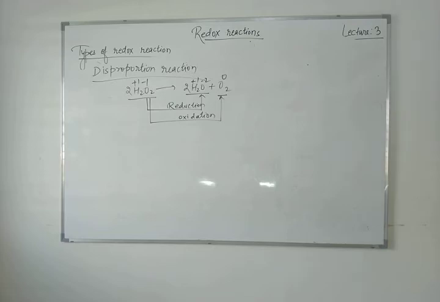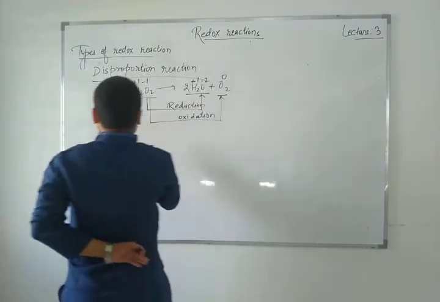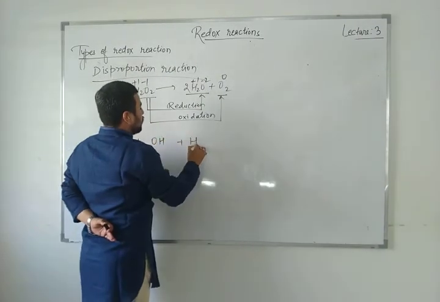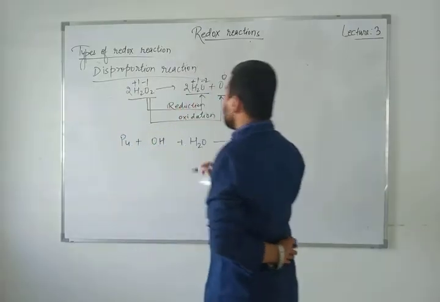Now I am talking about phosphorus: P4 plus 3OH minus plus 3H2O. Can you tell me what it will give?